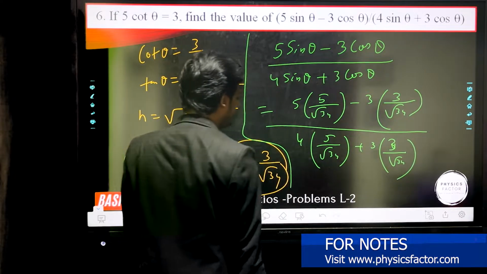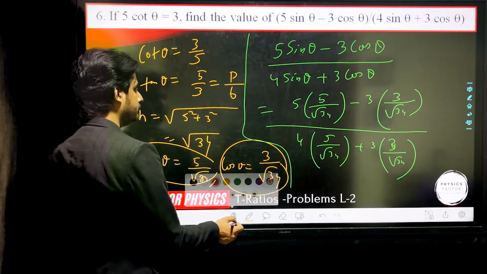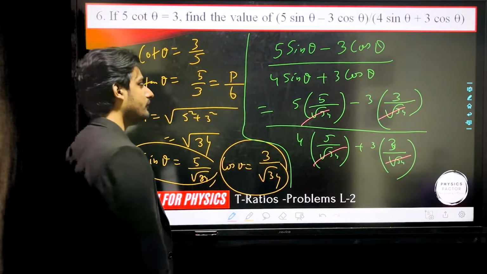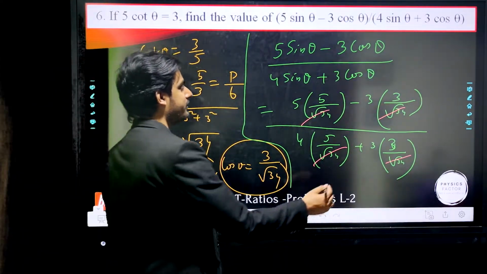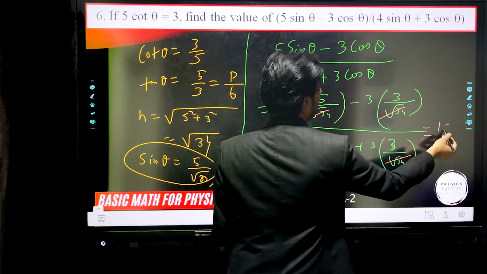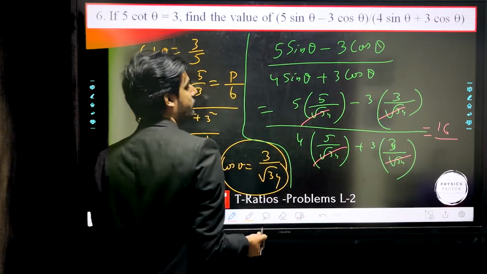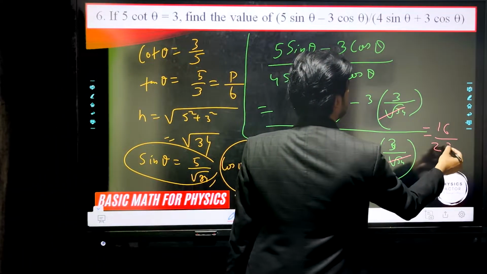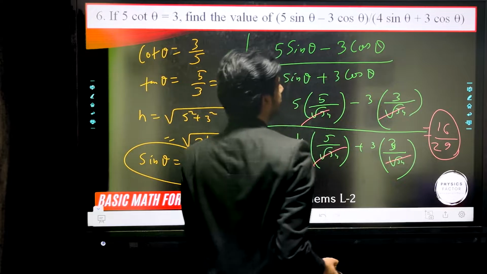As you can see, root 34 is everywhere, so let's cancel it. In the numerator we have 25 minus 9, which is 16, upon 20 plus 9, so 29. So 16 upon 29 is the answer.